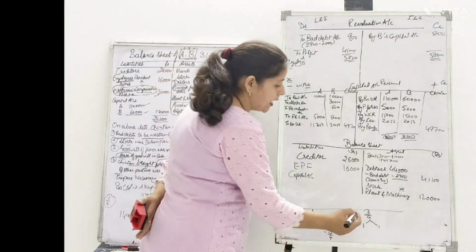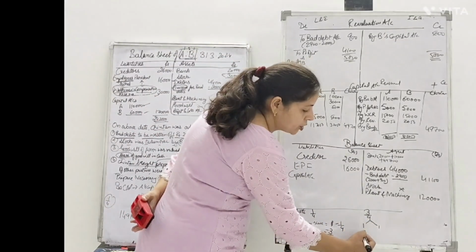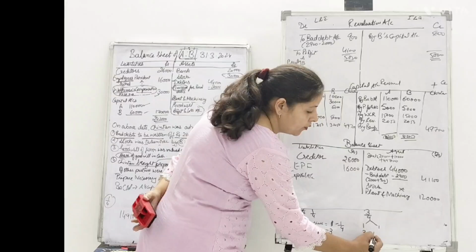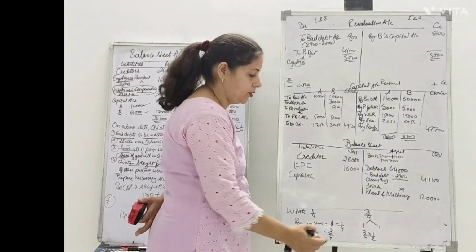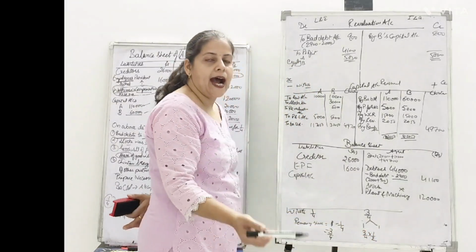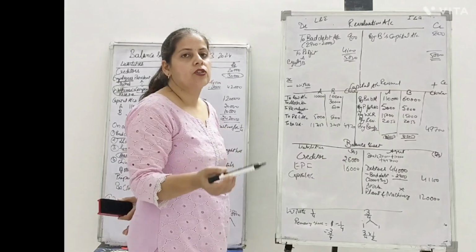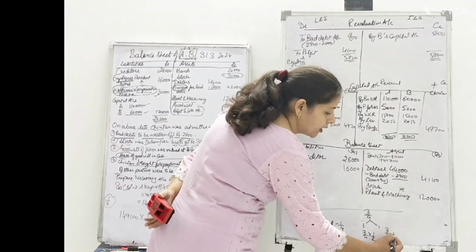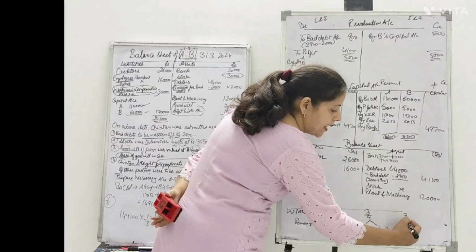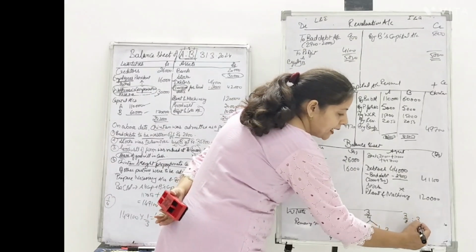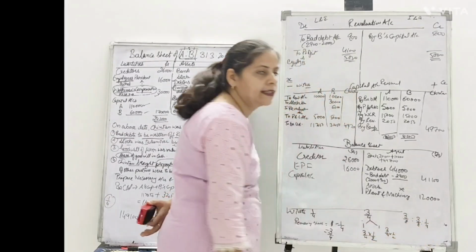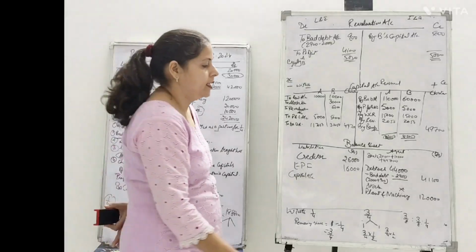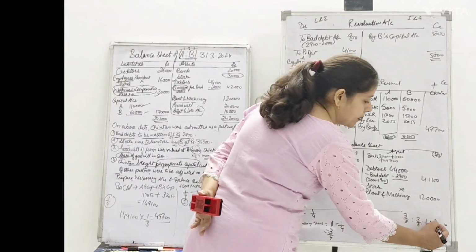So A would get how much? 3/4 into 1/2. Why 1/2? 1 plus 1. Half is to go to A, half is to go to B. So what is the new share over here? That is 3/8, 3/8. New partner Chintan entered for 1/4 share, making it 2/8.